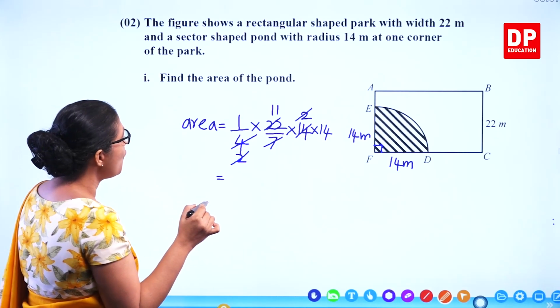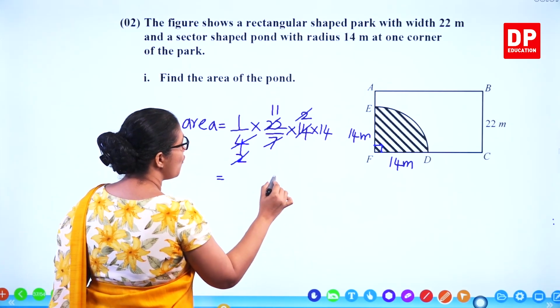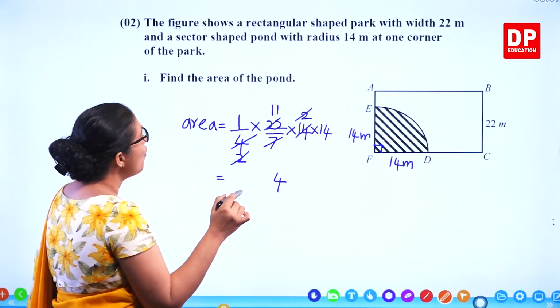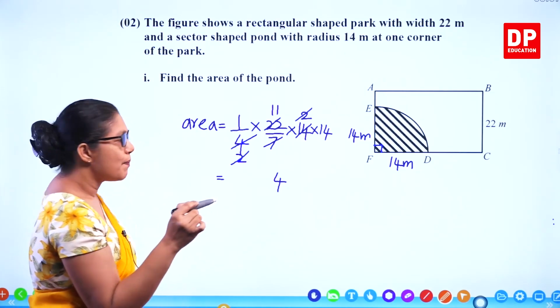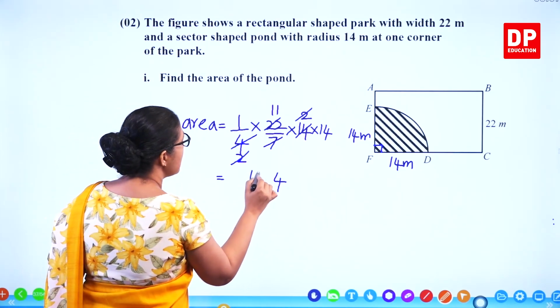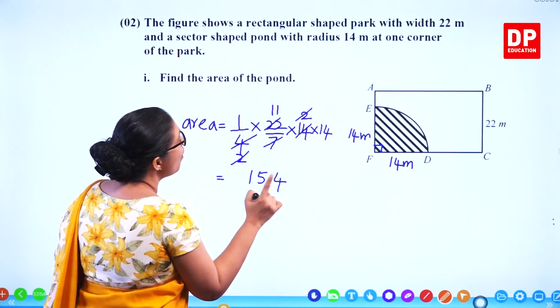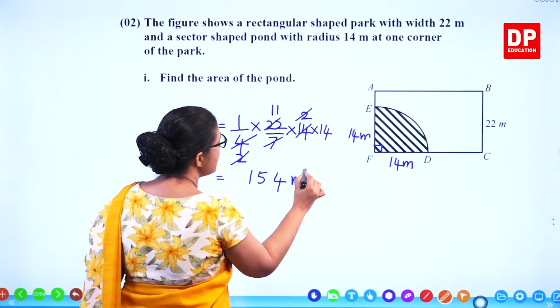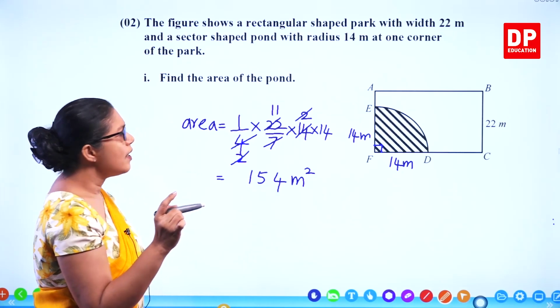So 11 times 14, 11 times 4, 44. 4 is there, 11 times 1, 11 plus 4, 15. 154 square meters is the area of the pond.